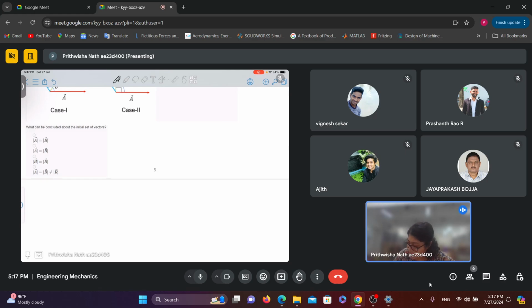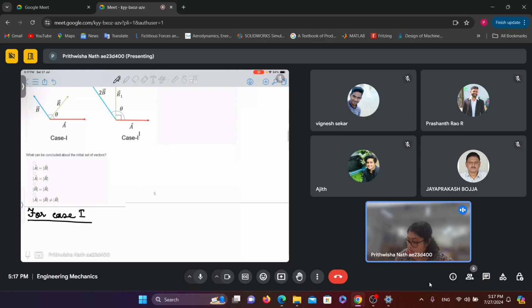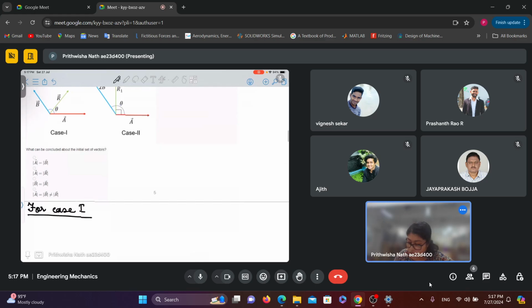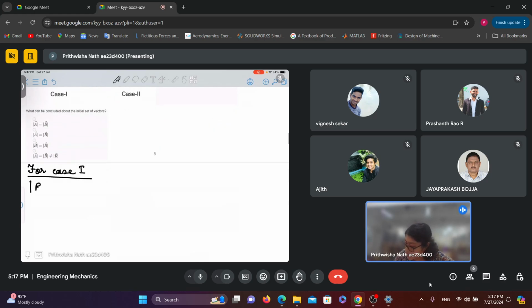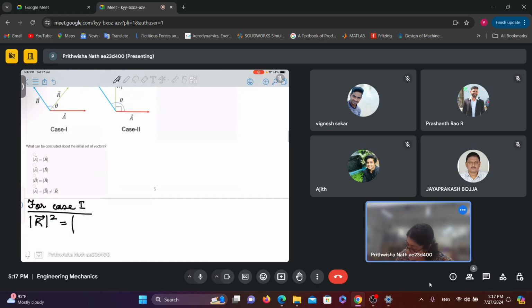So, for the first case, this is case 1. So I can write the resultant vector as, suppose this is the first equation.